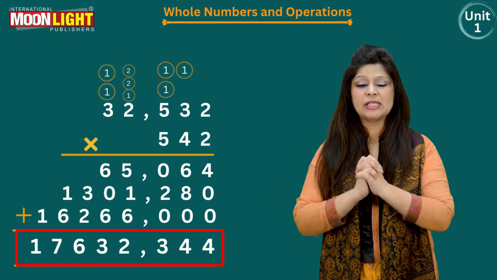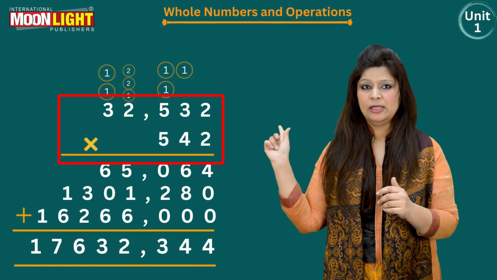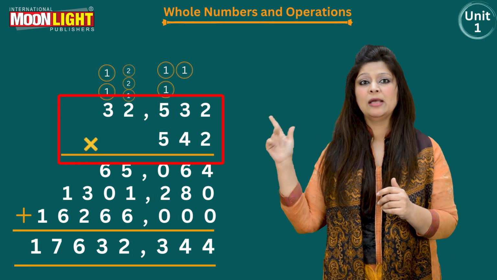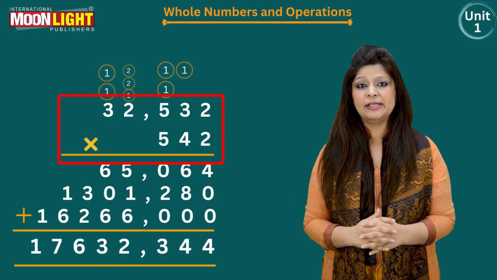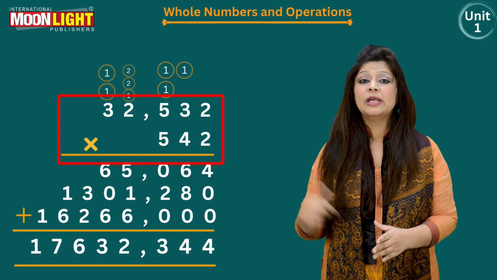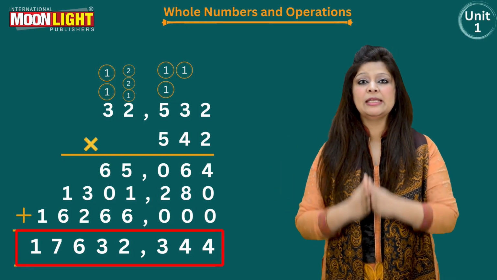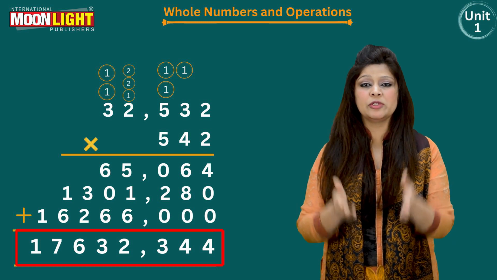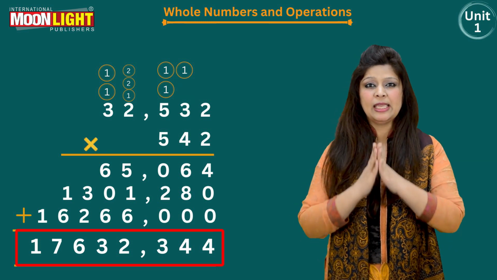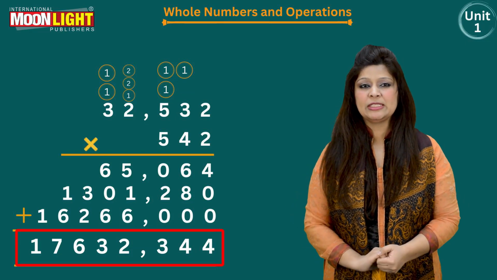So my dear students, I am going to write it down with a multiplication sign. So here it is. So 32,532, then a multiplication sign, then 542, then equals to sign, then 17,632,344 is my answer of this multiplication question.